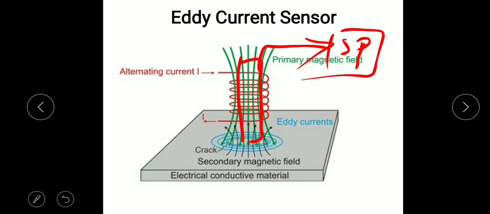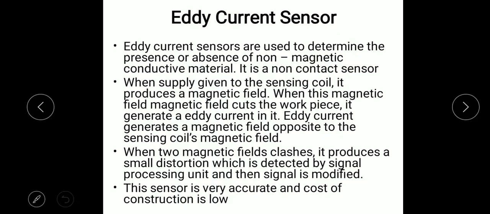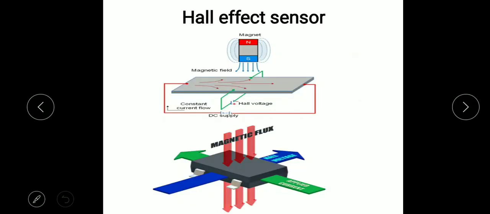Or we can say that an eddy current sensor is mainly used for determining whether a component is present or absent near the sensor. The explanations are given below, as I explained earlier from the previous slide, and we are now going towards the Hall effect sensor.